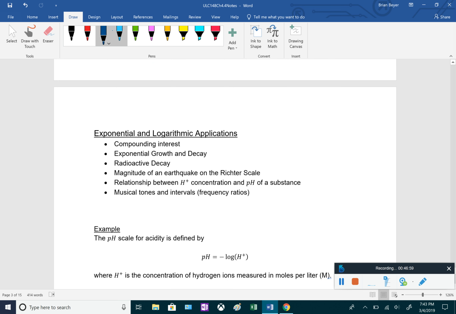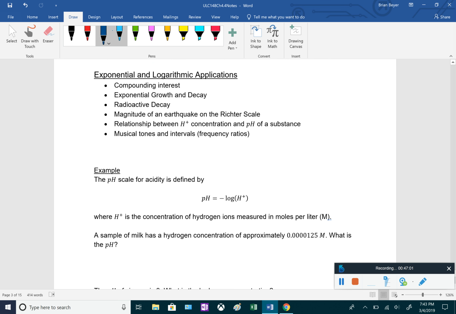Okay, so one more thing here, not really a huge summary because we still have the next section to go, but just some important applications that get used all the time. Compounding interest, obviously, gets used with exponentials all the time. Exponential growth and decay, which we'll be doing in chapter 4.5, as well as radioactive decay.